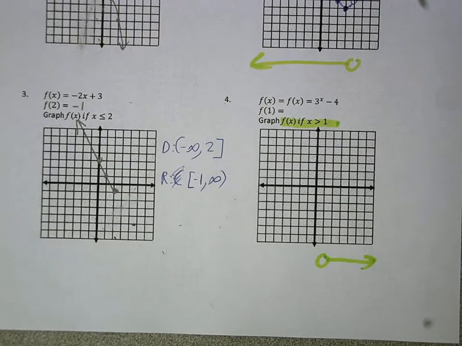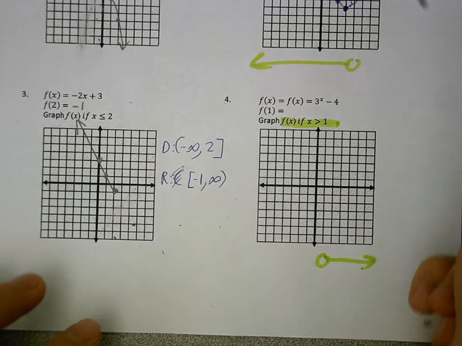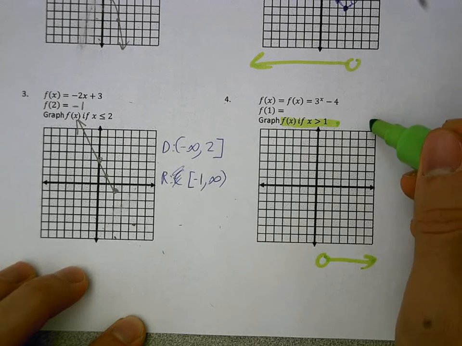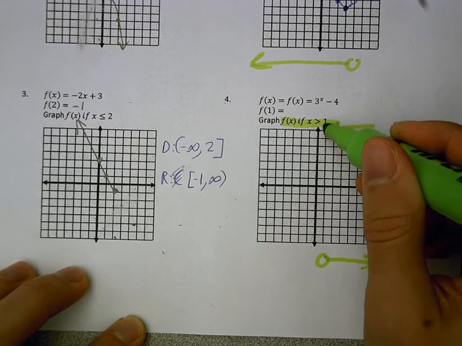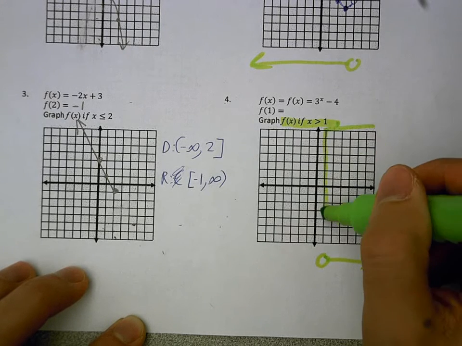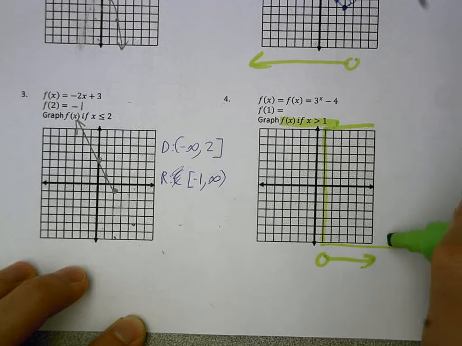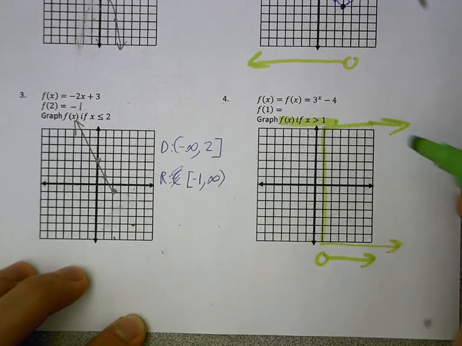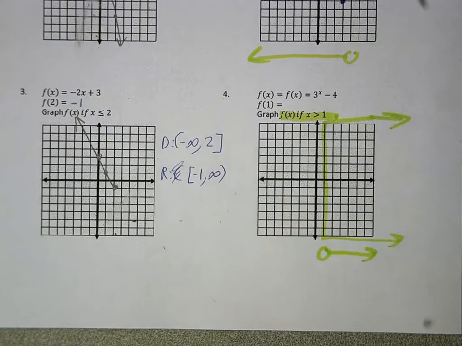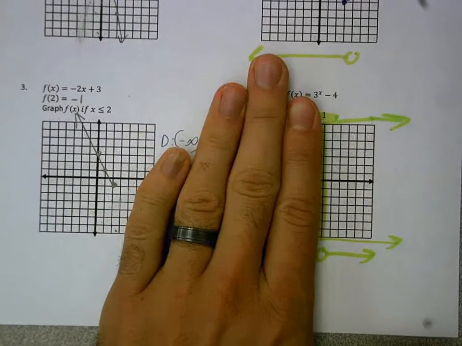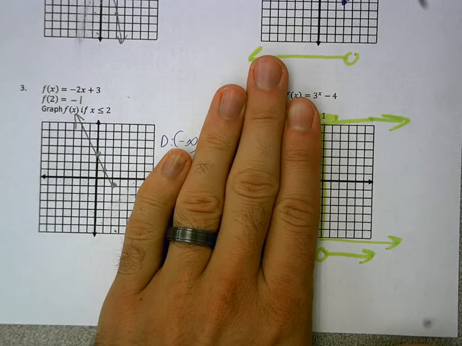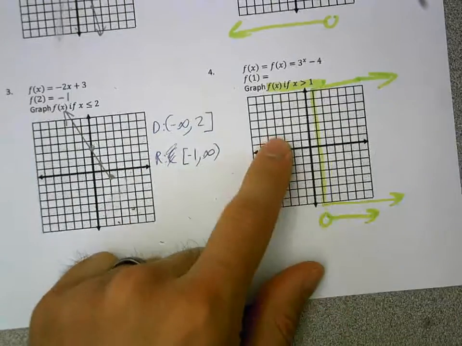If that's not enough for you to be able to tell where you can graph, you can even highlight a section of the graph and say this part right here is where I can graph. I cannot put anything over here. Does that make sense to everybody? These values are all x's less than 1.